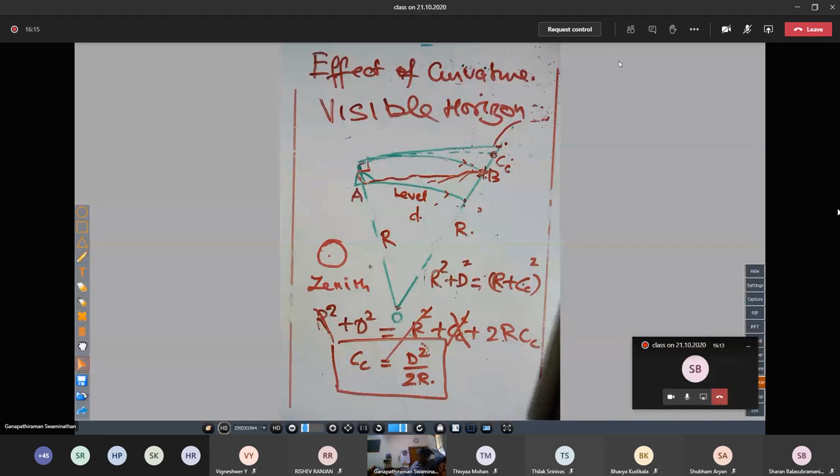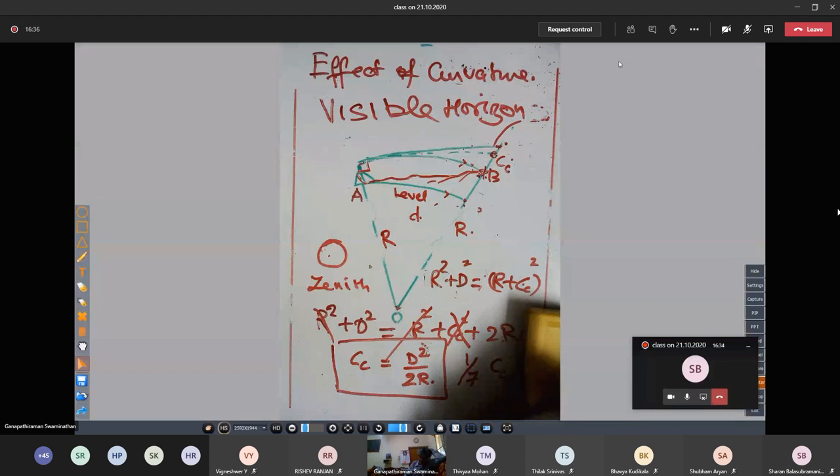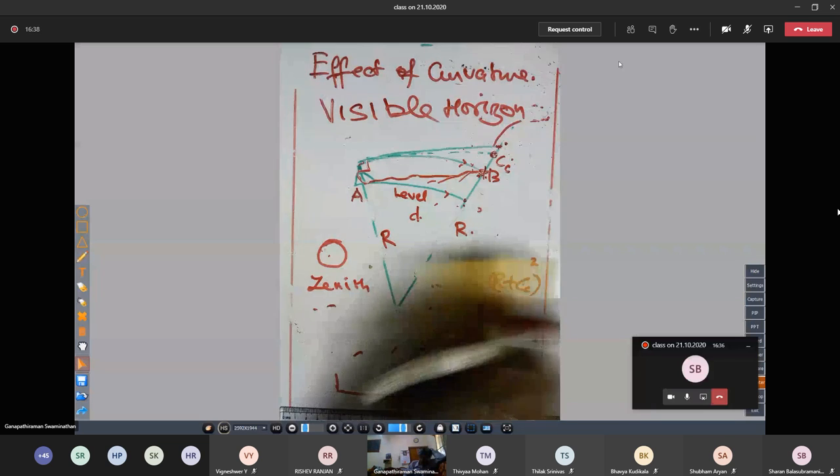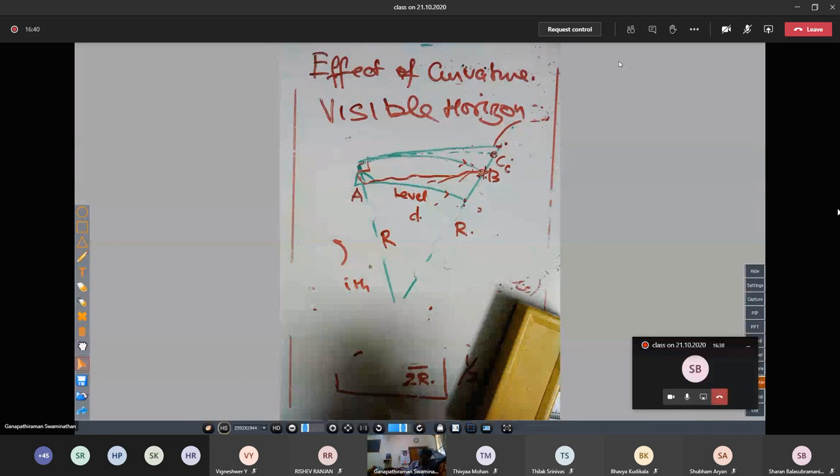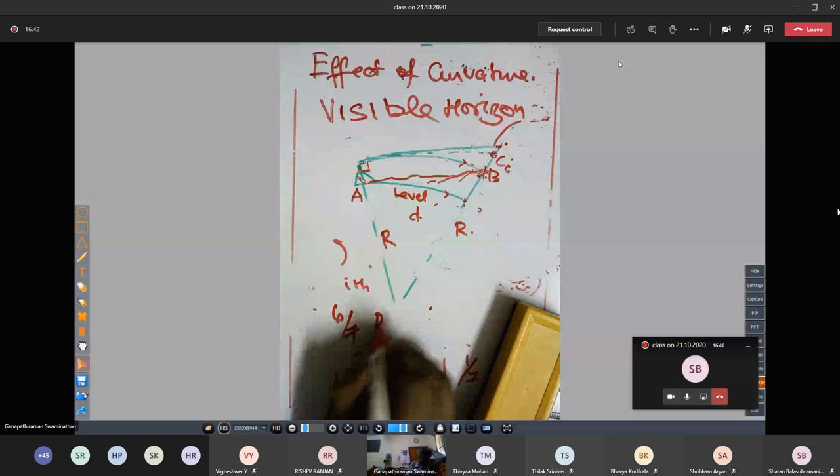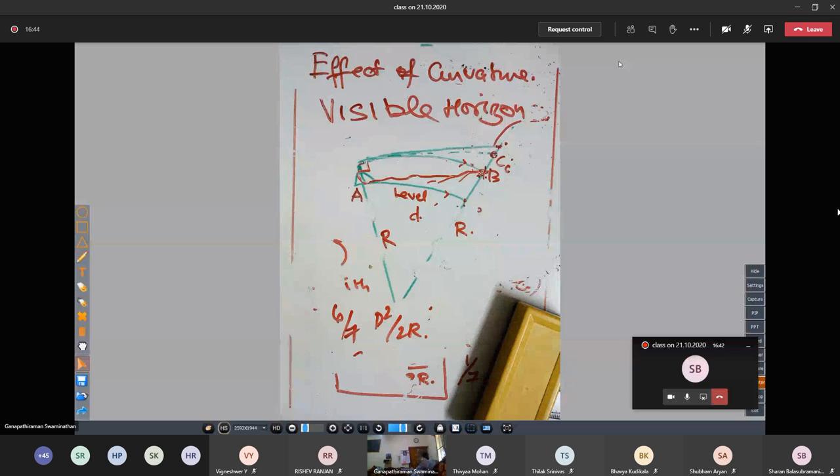So your refraction correction is 1/7 of the total curvature correction. So the balance correction is 6/7 of D square by 2R.